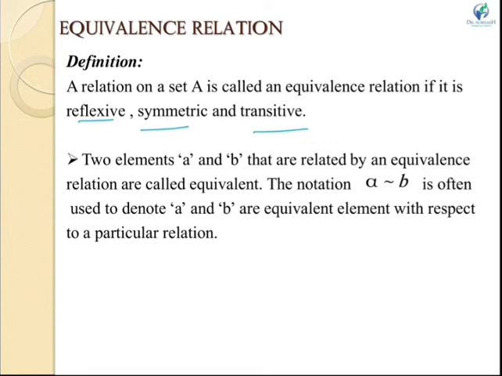Two elements A and B related by an equivalence relation are called equivalent. The notation A equivalent to B is often used to denote that A and B are equivalent elements with respect to a particular relation.